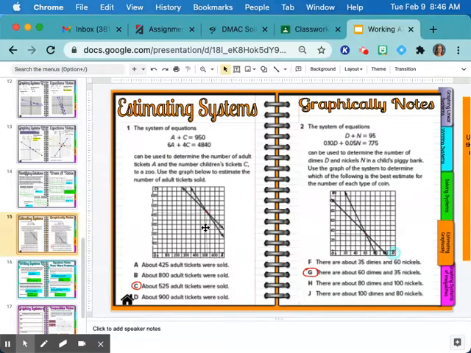There are two other ways which you may see in Algebra 2, but we're not going to see them here in Algebra 1 right now. They're called substitution and elimination. We are not doing those, but instead you're going to learn how to use the calculator and what's called a matrix in order to solve the system of equations.